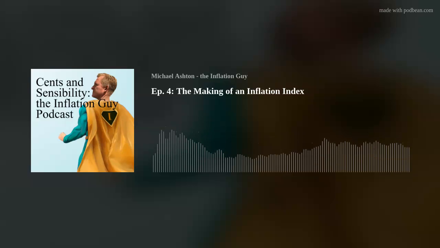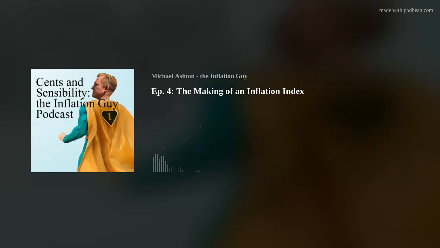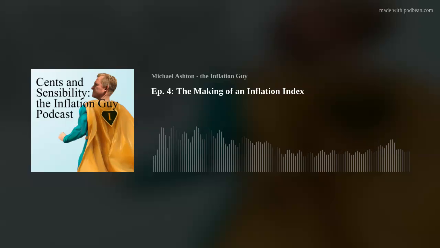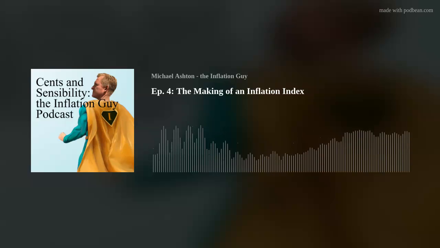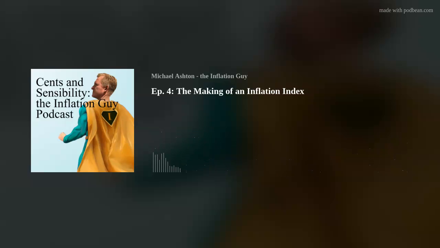But I hope you found this useful. I think it is important to understand what inflation is and how we measure it and how our perceptions might differ from the way we measure it. Because at the end of the day, if we're going to defend our money, we have to know what the enemy looks like and how it behaves.